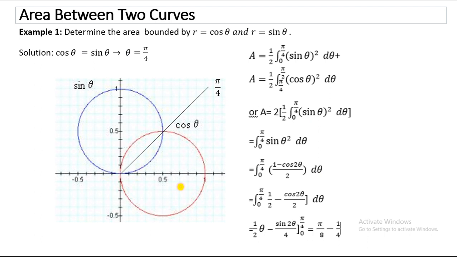Therefore, area equals half integration from 0 until pi over 4.